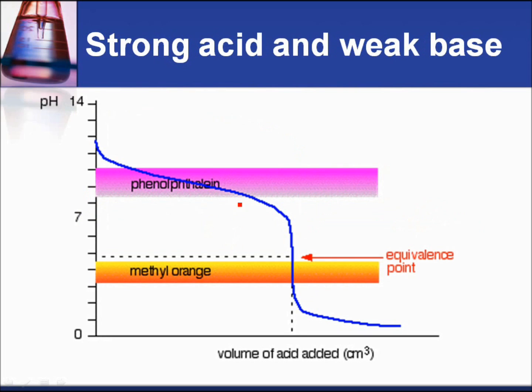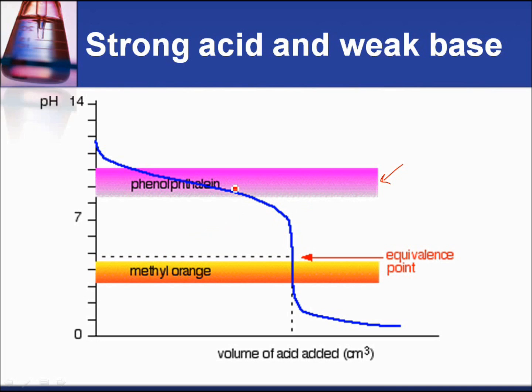Next is strong acid and weak base. Well, obviously here, phenolphthalein is pretty far from the equivalence point. The equivalence point is around pH 5. Well, phenolphthalein is not a suitable indicator, is it?